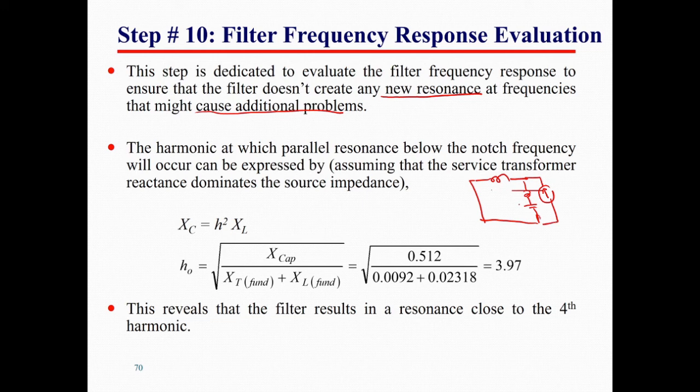So as a result we also have parallel resonance, right? So we say that the harmonic at which the parallel resonance below the notch frequency will occur can be expressed by assuming that the source transformer reactance dominates the source impedance.